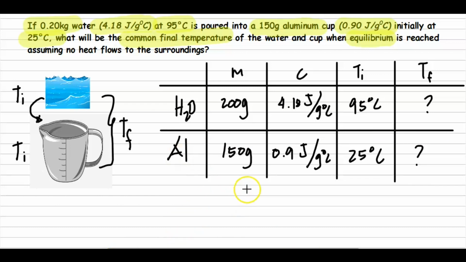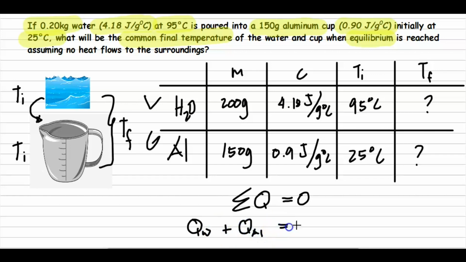In this example, the heat gained by the aluminum cup is the same as the heat lost by the water. As we have said earlier, the sum of all the thermal energy is equal to 0. And therefore, the heat lost by the water plus the heat gained by the aluminum cup is equal to 0.